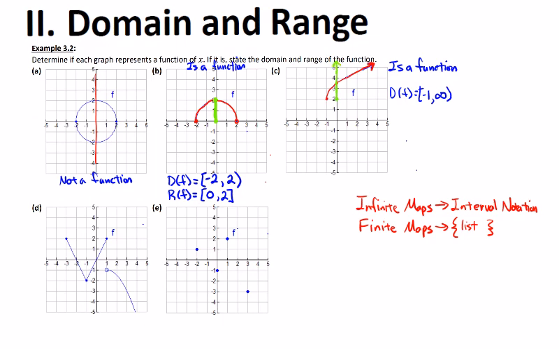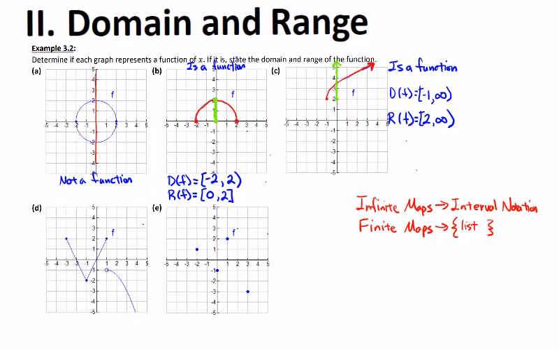So the way that we indicate that is very similar to what we did with the domain. So we would say the range of f is going to be from 2 to positive infinity. So there's your domain and range. Let's take a look at part D.